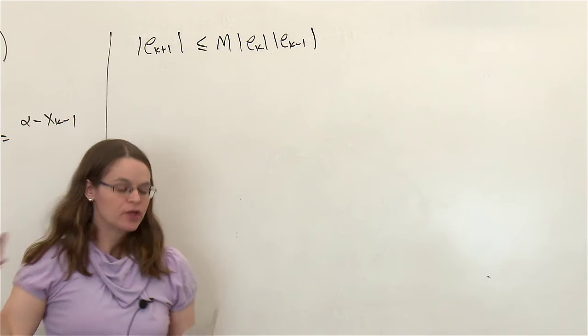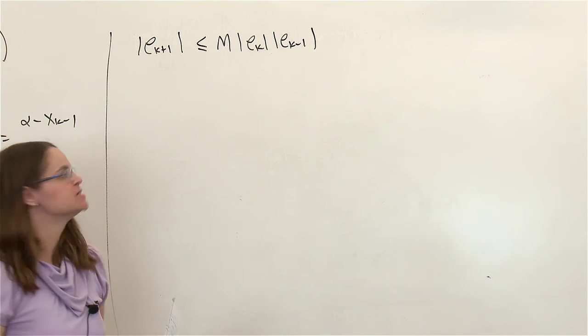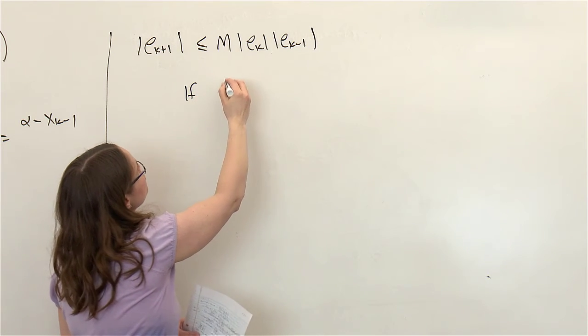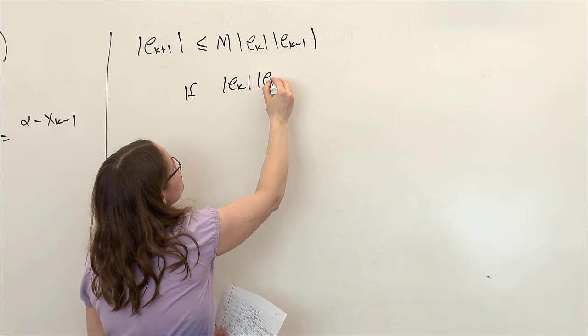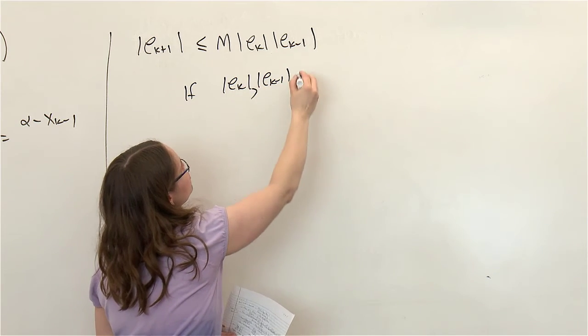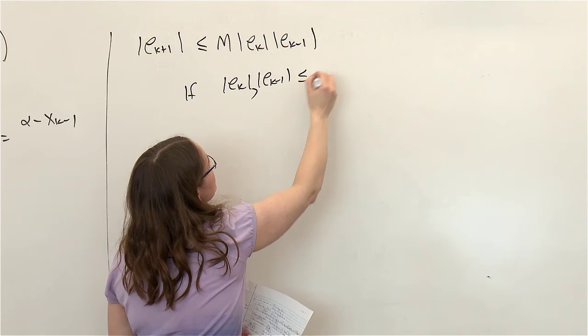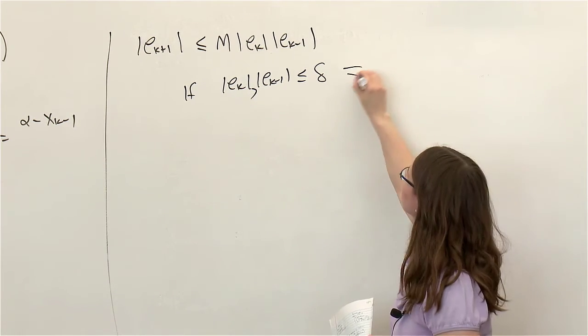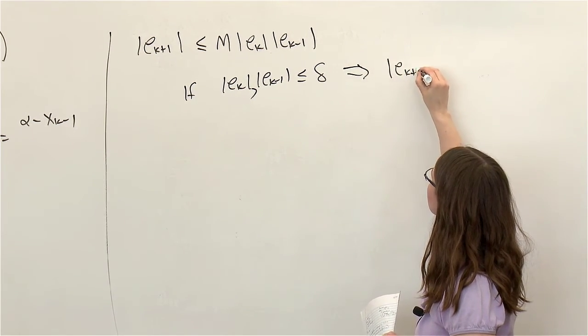Okay, we can use the same argument as before to say that if we start, with these being less than delta, so if we start in a window of neighborhood delta, then we're going to stay in a window of neighborhood delta.